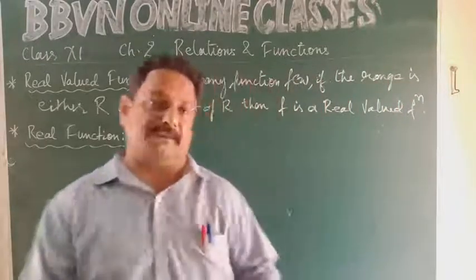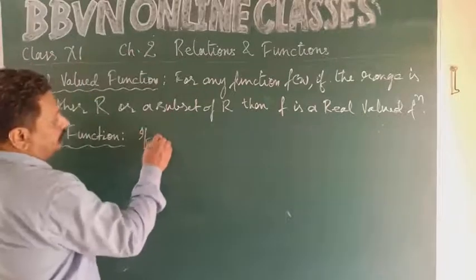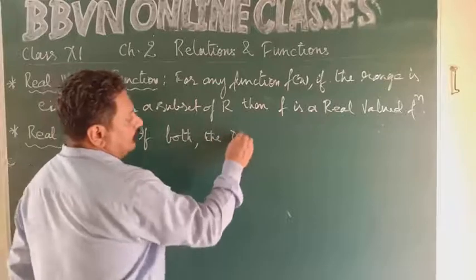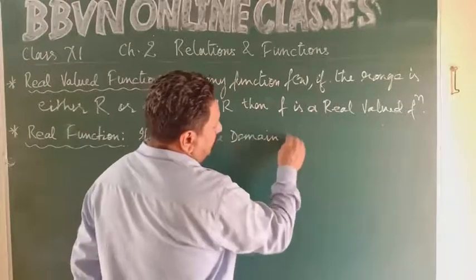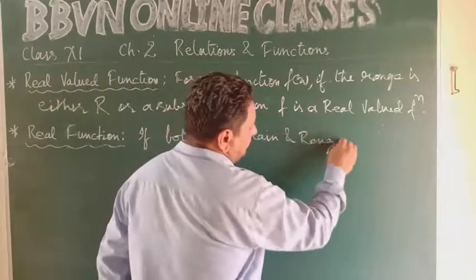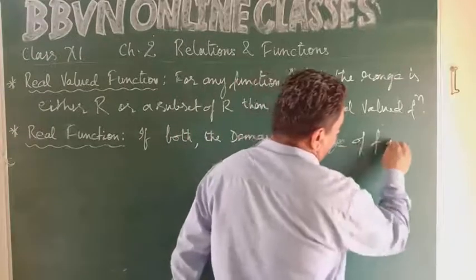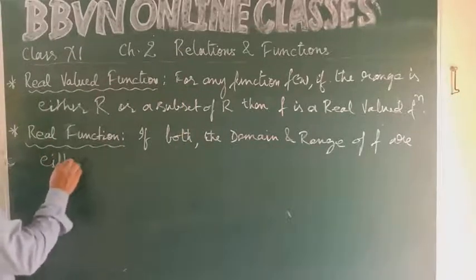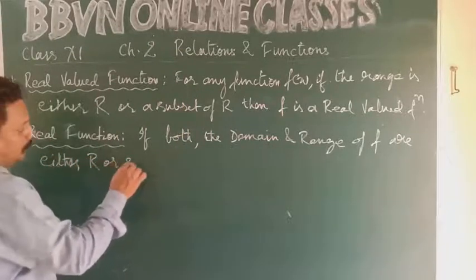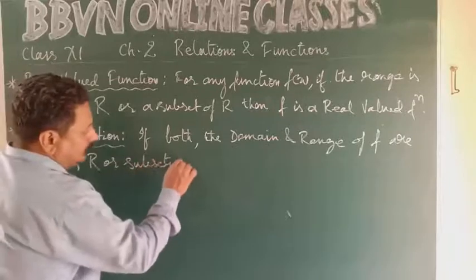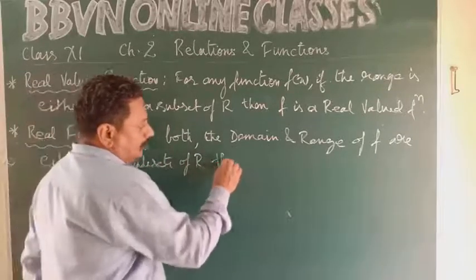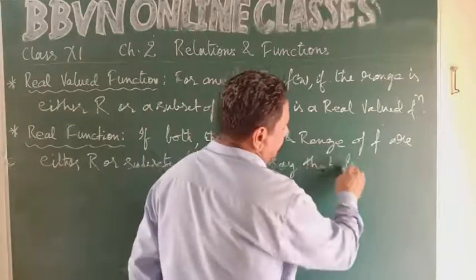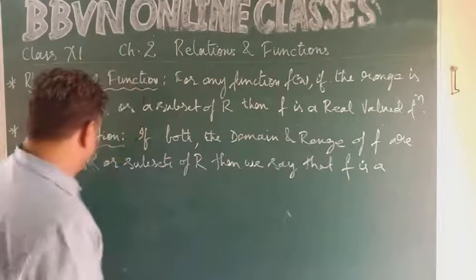Now, what is a real function? If both the domain and range of f are either R or subsets of R, then we say that f is a real function.